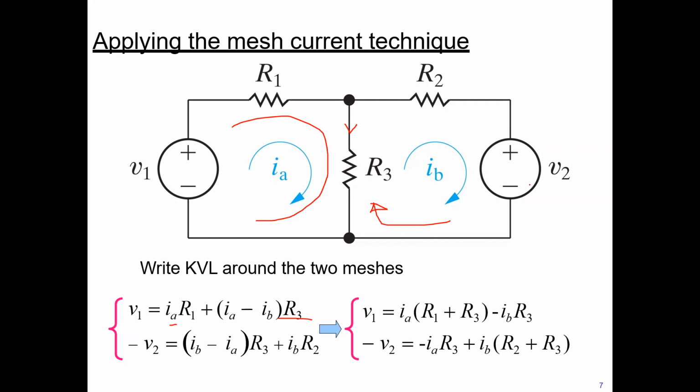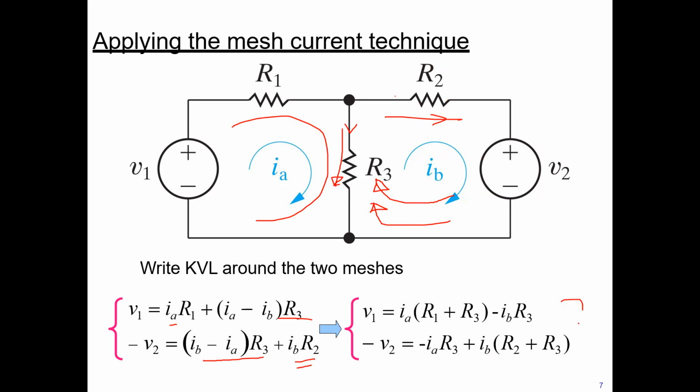In that one, minus V2 equals IB, because we're going this way, IB minus IA, which is the current going down, times R3, plus, because this is going this way, IB times R2.